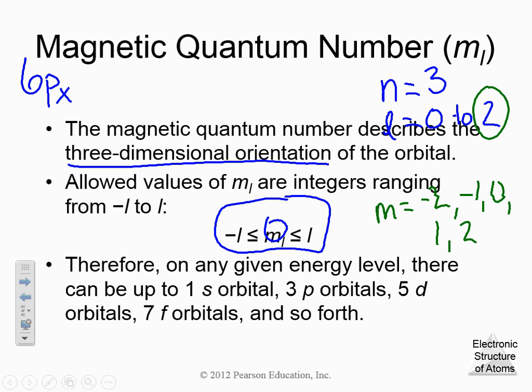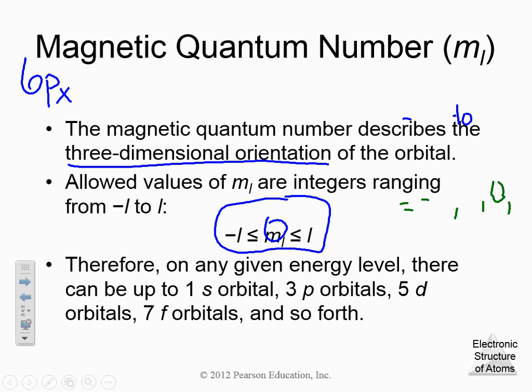Now, if I do another example real quick with this quantum number idea, and I say n equals 1. Well, remember, L is equal to 0 to n minus 1, so L can only equal 0, which means M, in this case, can only equal 0.